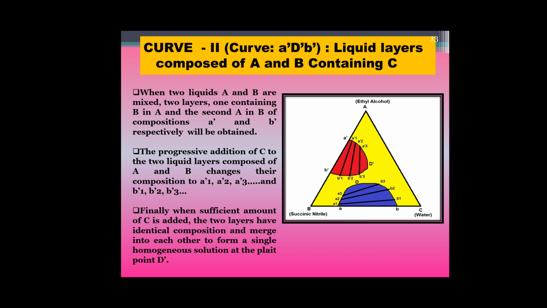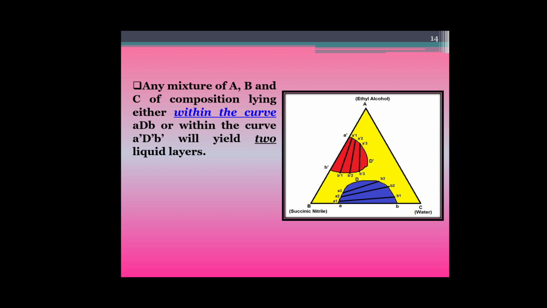So after the whole discussion about curve number 1 and 2, let's see some more details about this diagram. Any mixture of A, B and C of composition lying either within the curve ADB or within the curve A dash, D dash, B dash will yield two liquid layers.